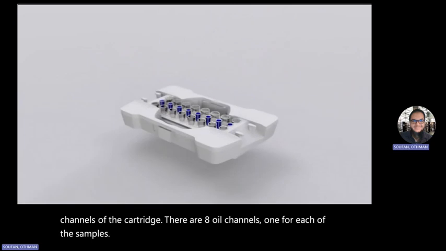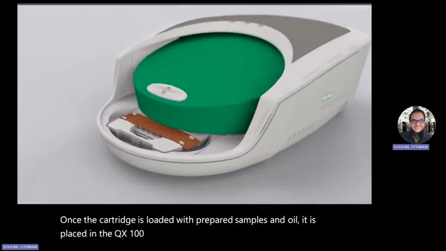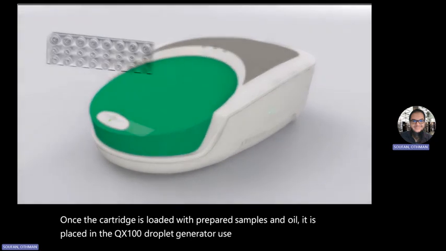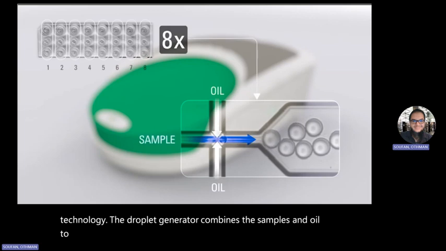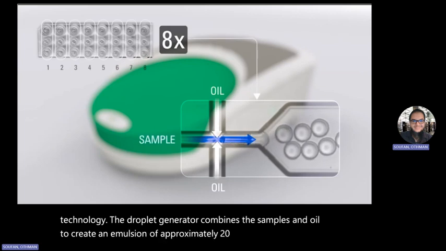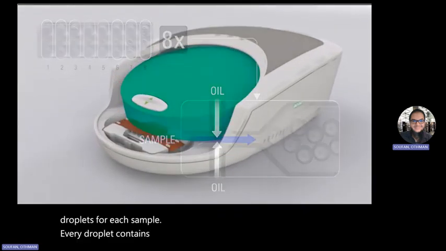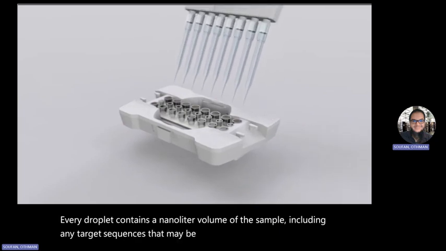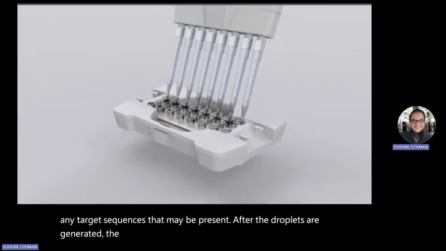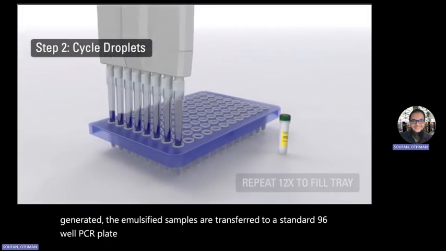Once the cartridge is loaded with prepared samples and oil, it is placed in the QX100 droplet generator. Using microfluidic technology, the droplet generator combines the samples and oil to create an emulsion of approximately 20,000 mono-sized droplets for each sample. Every droplet contains a nanoliter volume of the sample, including any target sequences that may be present. After the droplets are generated, the emulsified samples are transferred to a standard 96-well PCR plate, using a standard 8-channel pipette.